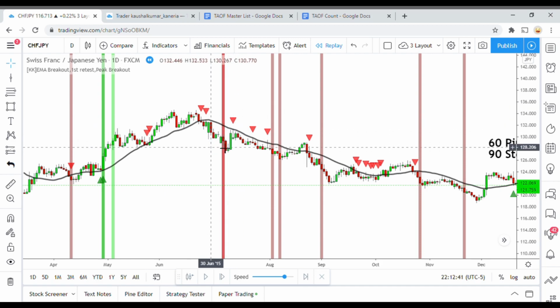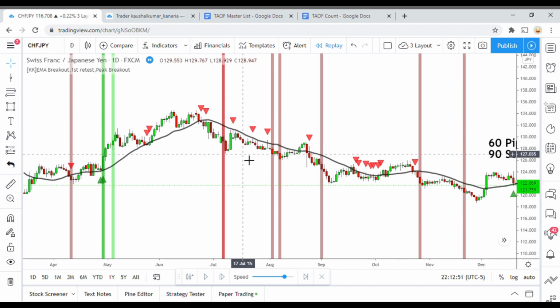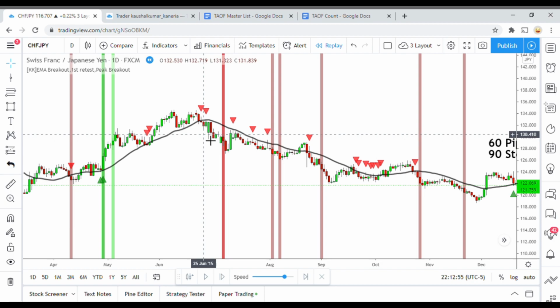I guess that's possibly why they were flipped upside down. Maybe that's why they did that. But nonetheless, it doesn't really matter much the direction of them. They're basically, in my opinion, pointing to an event taking place. In this particular case, the event taking place is a retest of the moving average.